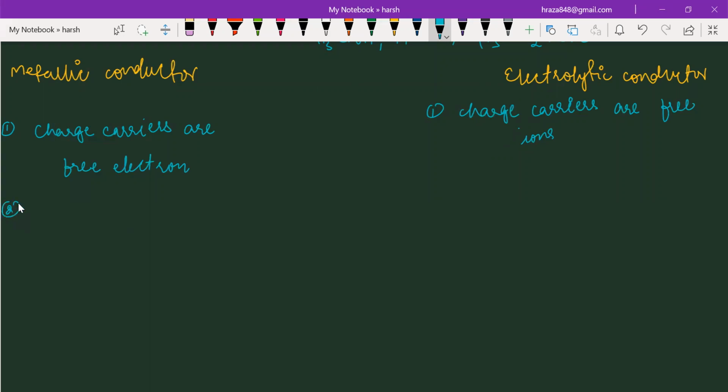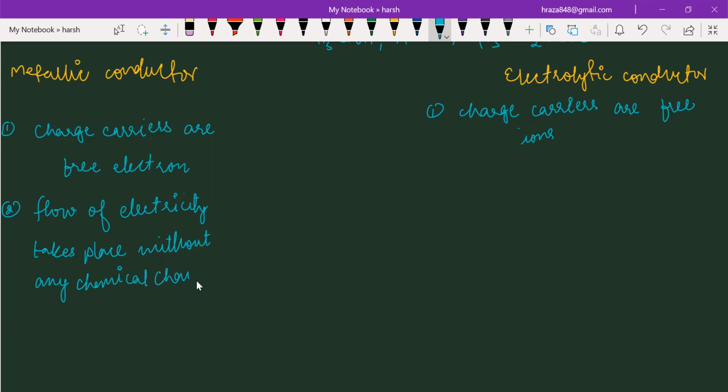Second point we can write: flow of electricity takes place without any chemical change.